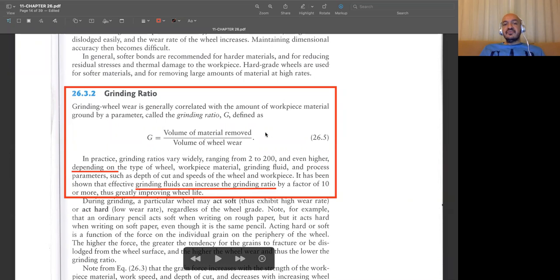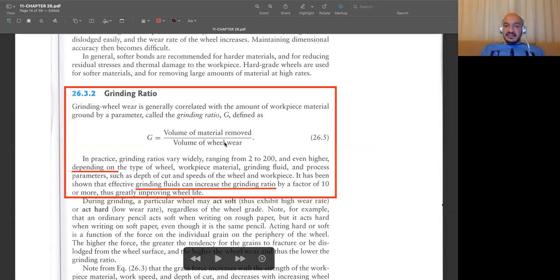So assume that you are removing, let's say, 20 units of material, but due to the relative motion, we will also have some amount of wear on our grinding wheel. If you remove 20 units of material and you have 1 unit of wheel wear, then the ratio will be equal to 20. Our aim is to always increase this ratio, since once it is increased, that means you can use the same grinding wheel for a longer time, do more machining, and remove more material.